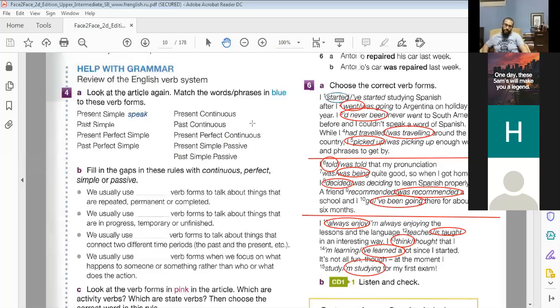Okay, so I think for the word told, I was told that. I was told that my pronunciation was quite good, not was being. What do you think? Do you agree, Samira? Do you agree we need to make some changes here? I'm thinking of after I went and after I was going to Argentina last year.